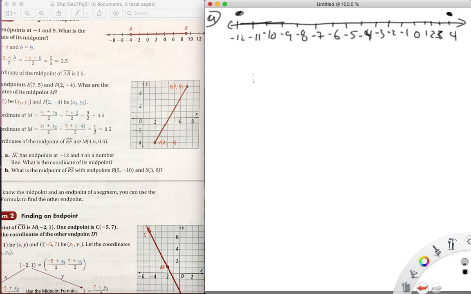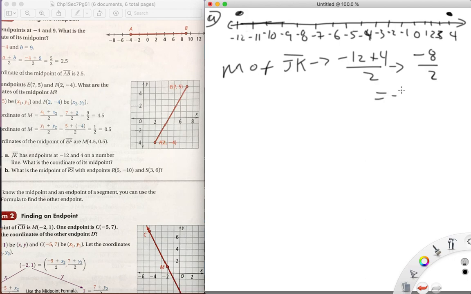So, the way that this works, the midpoint of JK is going to be -12 plus 4 over 2. -12 and 4 gives me -8 over 2, and that gives me -4.